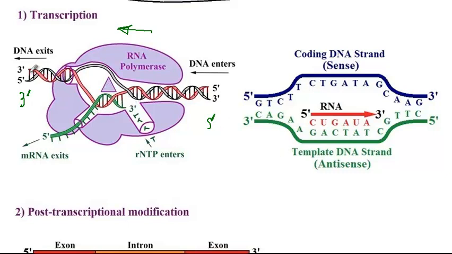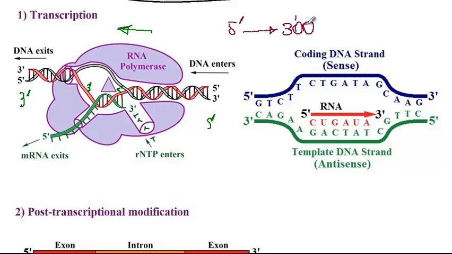And by going through in this direction from 3' to 5', so here we have the 3' side of DNA, and then this side is the 5'. So now it allows the mRNA to grow from 5' to 3' end. Because if you recall, DNA and RNA, they can only be added, they can only grow in the 5' to 3' direction.